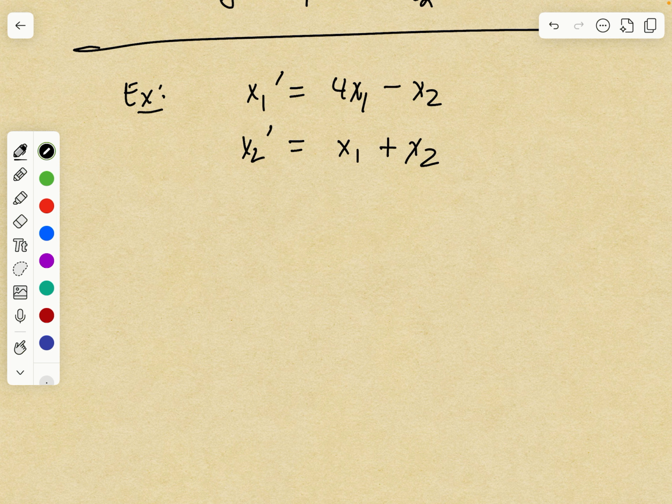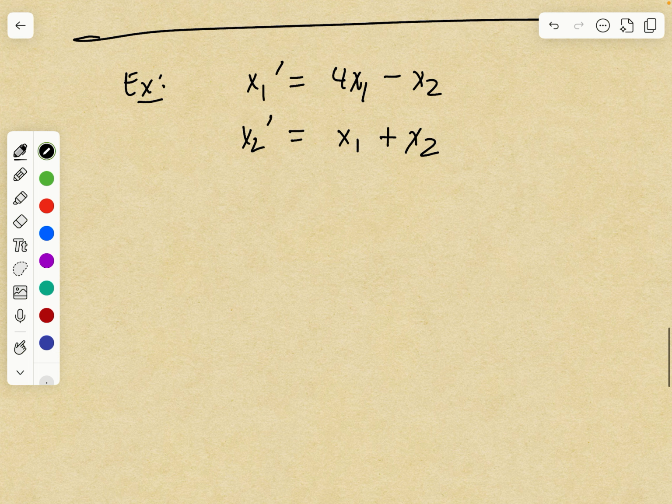So maybe x1 and x2 are the population of certain species at time t. And the population of the first species is somehow dependent on the population of the second species, and vice versa, by these two differential equations. And we want to figure out the possible functions x1 of t and x2 of t, so we can see what happens to the populations of the two species over time, for instance.